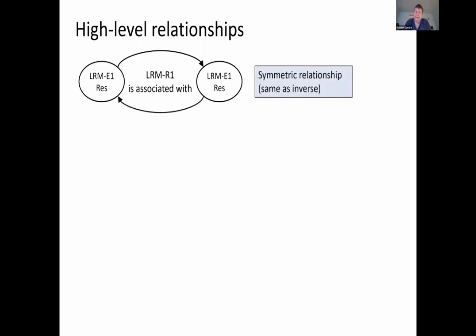Actually, the association relationship in the library reference model is called symmetric. What that means is it has its own inverse. So the first res is associated with the second res, but the second res is also associated with the first res. This may sound very trivial, but this kind of very dumb statement is required for machine processing. Machines are incapable of thinking for themselves.